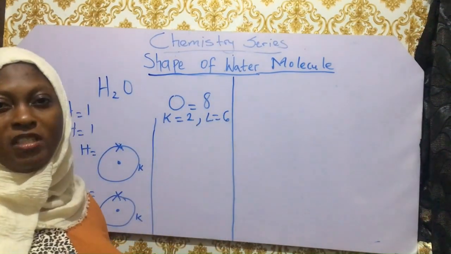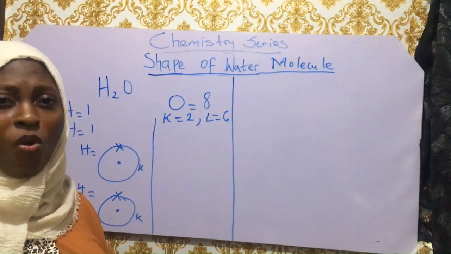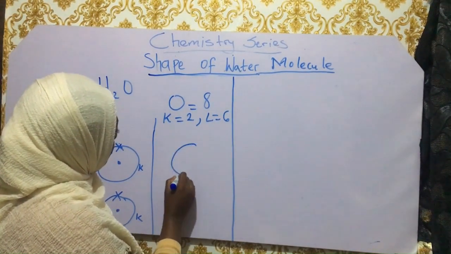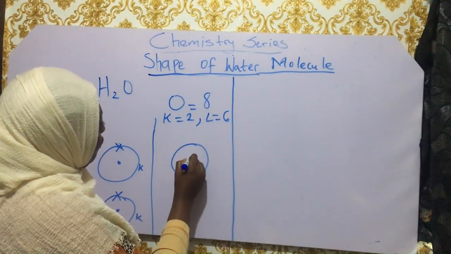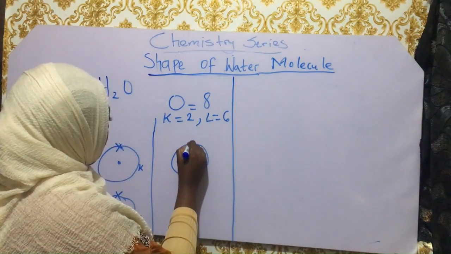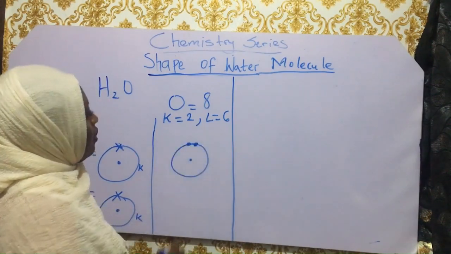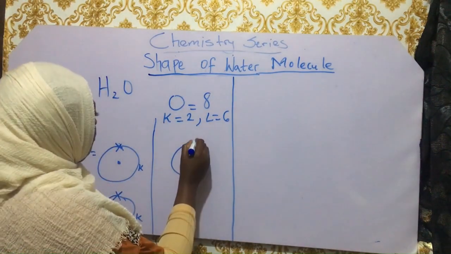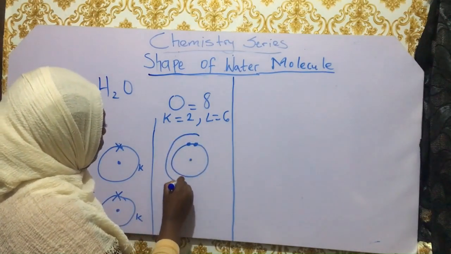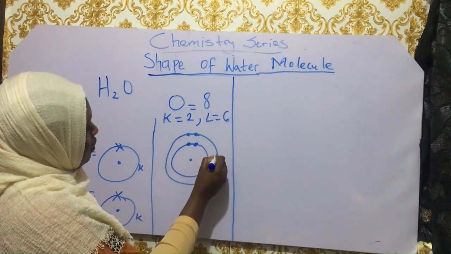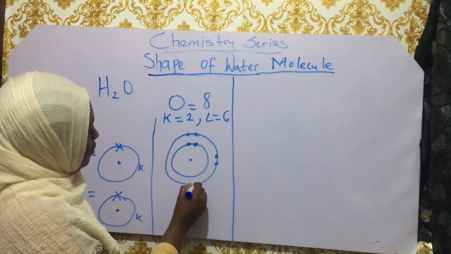So let's try to get the atomic structure of oxygen. So you have this. The first shell, which is the K shell, 2 electrons. The second shell, which is the L shell, 6 electrons. One, 2, 3, 4, 5, 6.